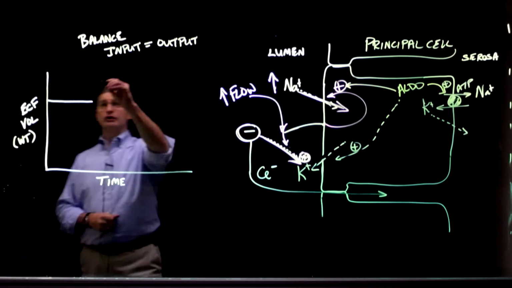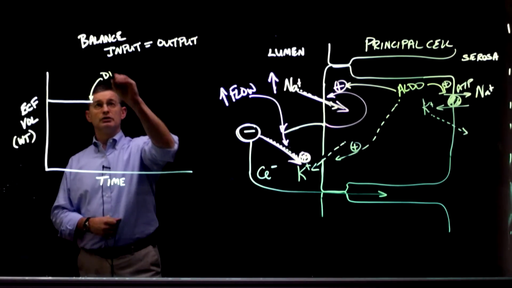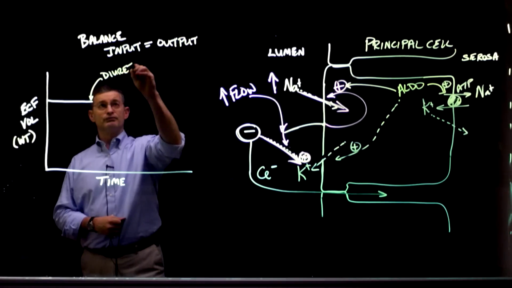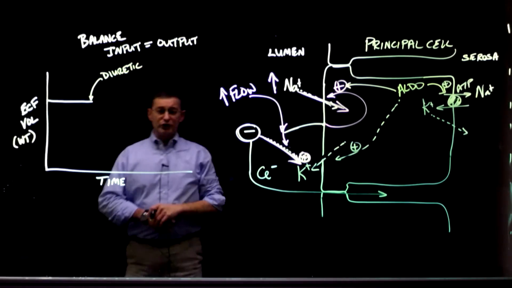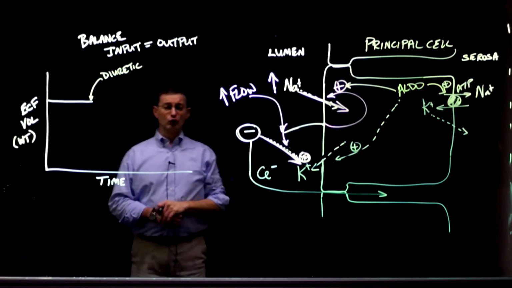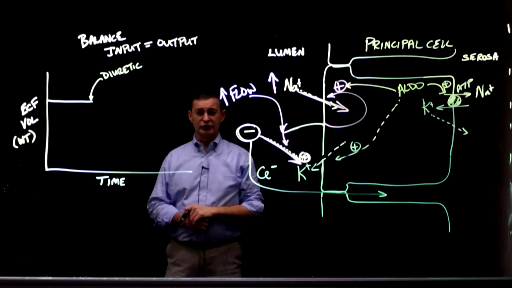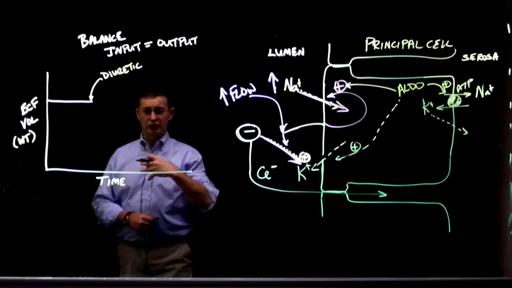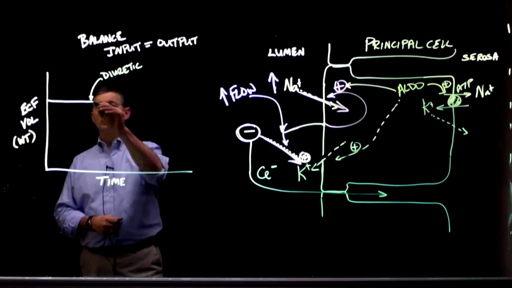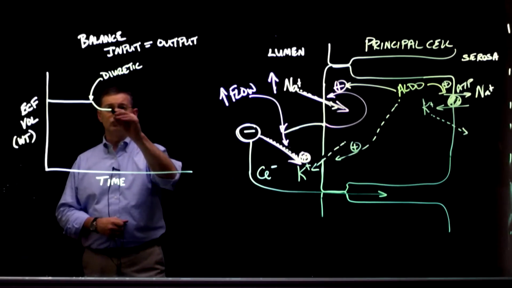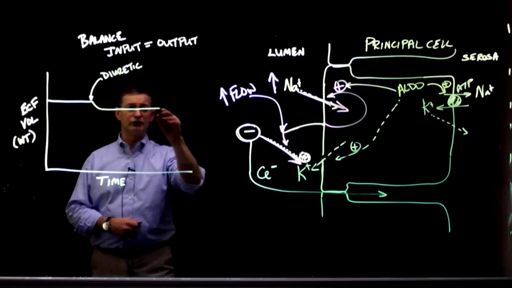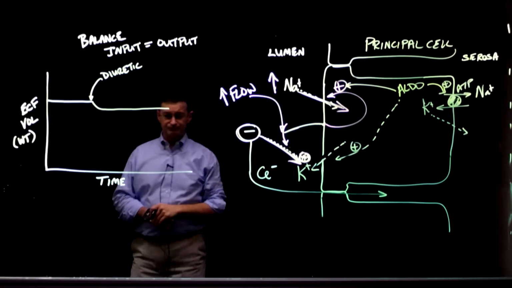When we add a diuretic, we go out of balance. We have more leaving the body in the urine than we do when we're putting sodium in. So initially, the body begins to lose weight and the ECF volume decreases.